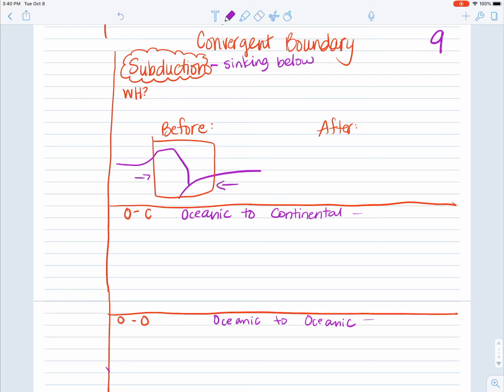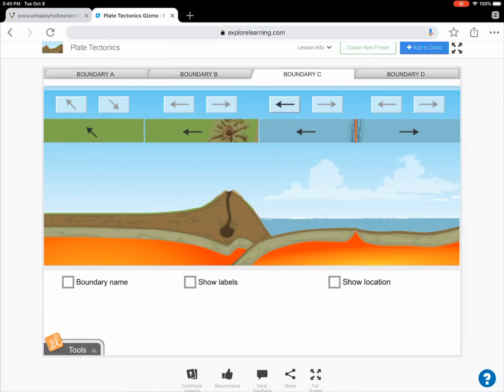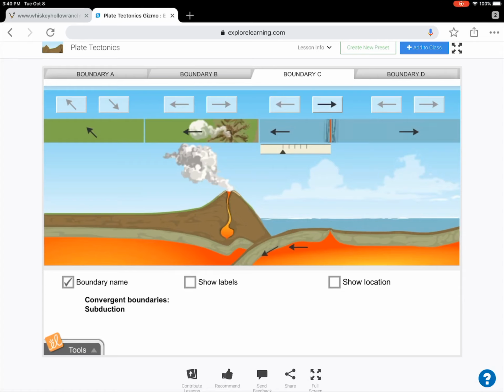Same thing, put that square that I've drawn because we're going to focus on that area. On the gizmo, everyone's before picture looks the same. That's why I put that red box there. So we're looking at this type of boundary. Again, convergent boundary with subduction. And so same thing, we're going to click this, and I need you to sketch the after picture.